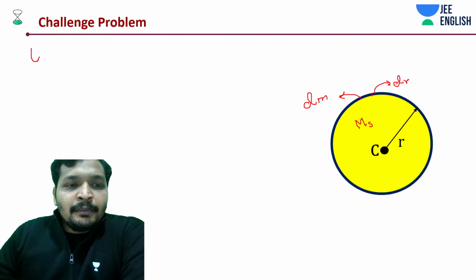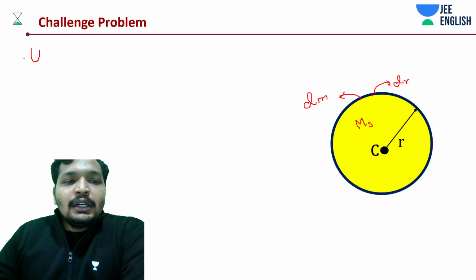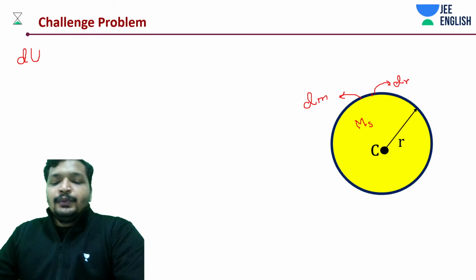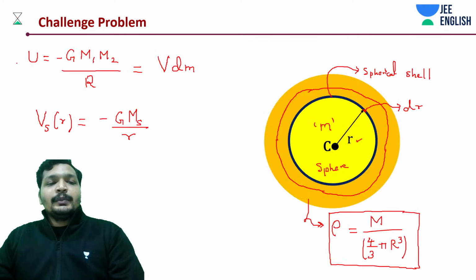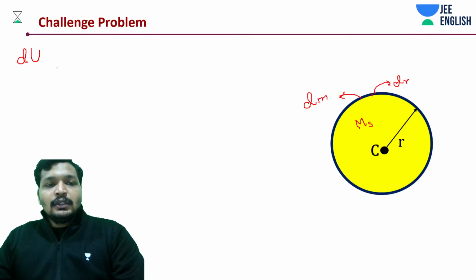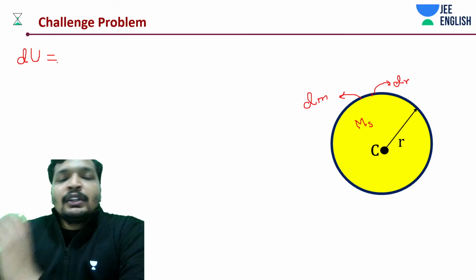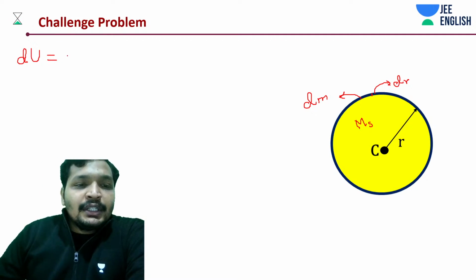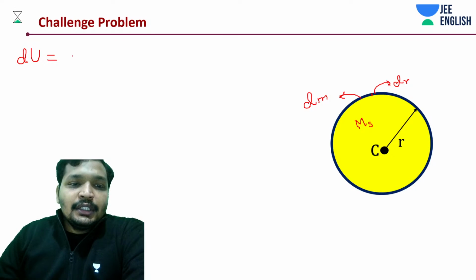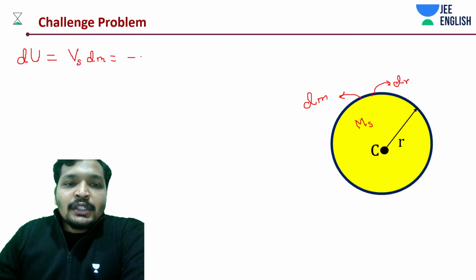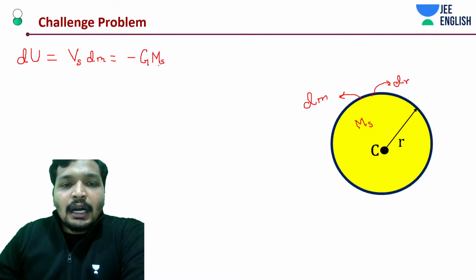Just from what we know earlier, I'm going to call this dU. Even in the earlier case it would be a dU. The potential energy, it's not the complete potential energy, it's just the potential energy of that particular shell. So this is going to be V of the shell into dm, and substituting the value of V, minus G Ms by r into dm.